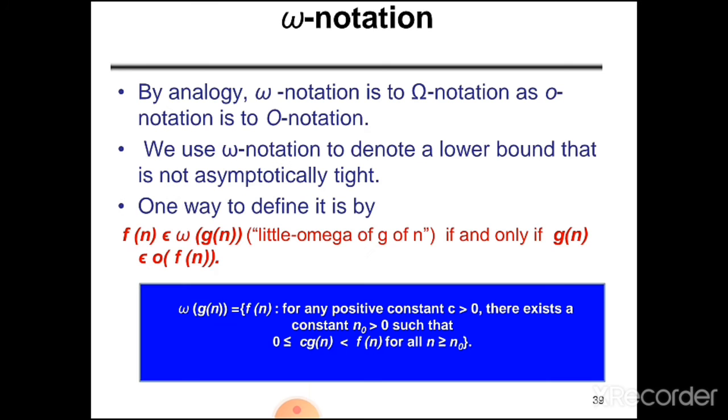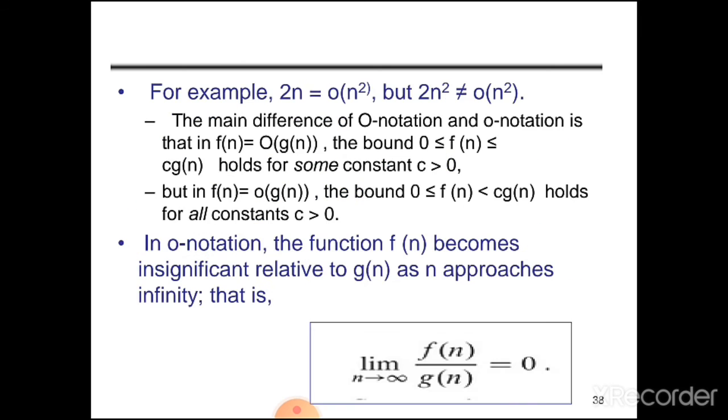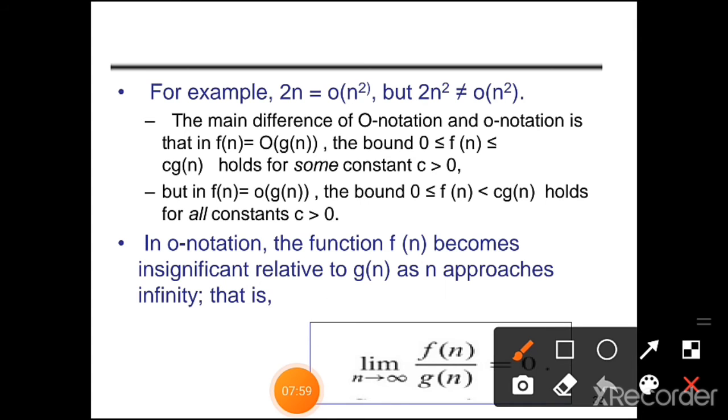Here f of n is equal to 2n, g of n is equal to n square. 0 less than or equal to f of n less than or equal to c into g of n holds for some constant c greater than or equal to 0, but for f of n equal to little o of g of n, the bound f of n less than c into g of n holds for all constants c greater than 0.